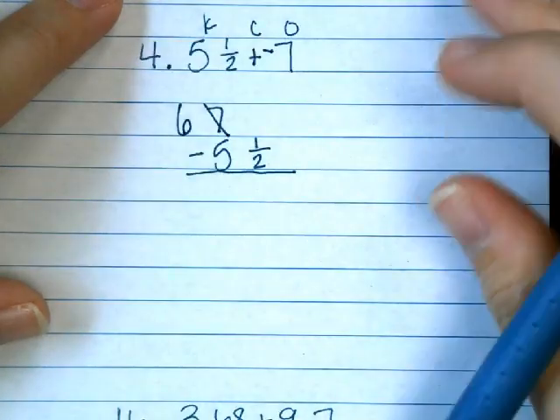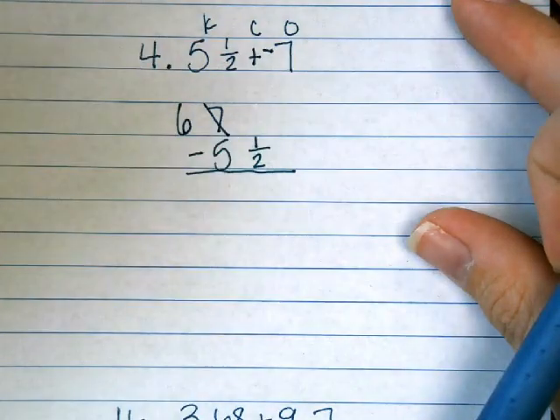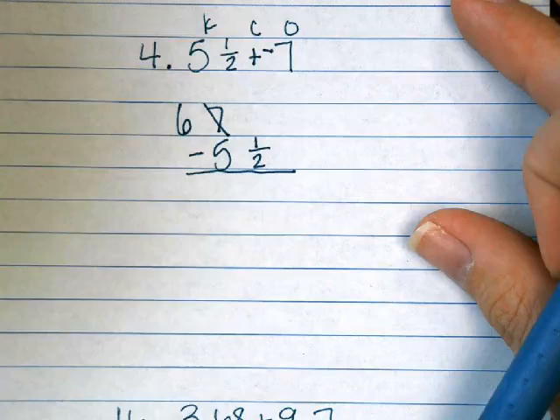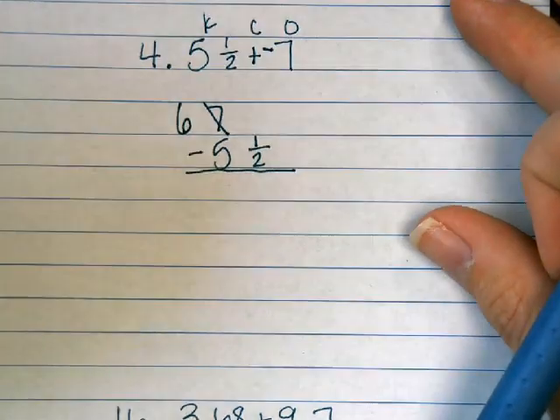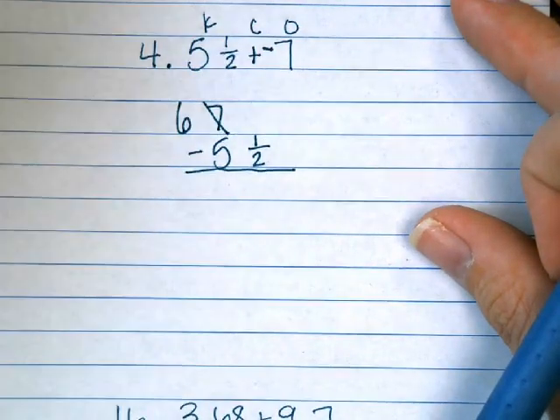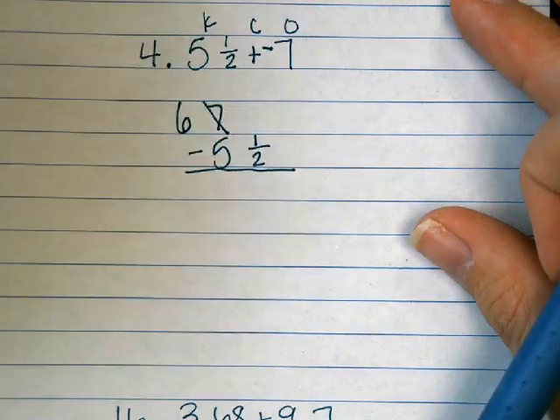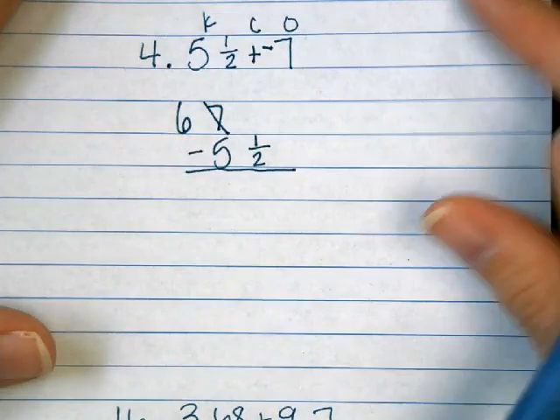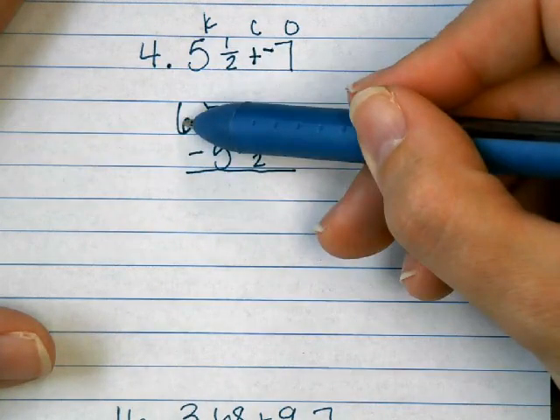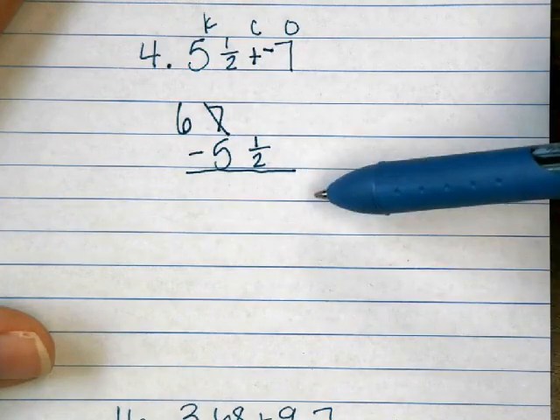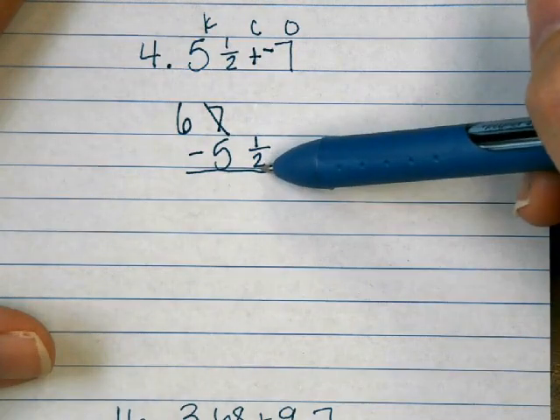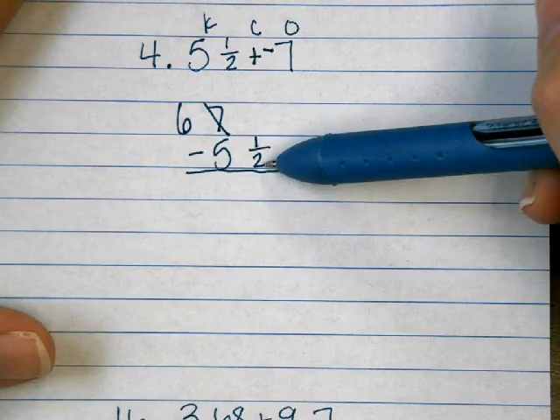So this is where the difference comes in between decimals and fractions. With decimals, you would just add a 10 and say, now I have 10 minus 1. But in this case, because you're taking a whole, you're not just going to add 10. So look at your denominator. My denominator is a 2.